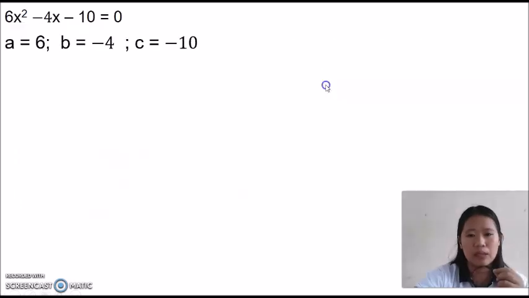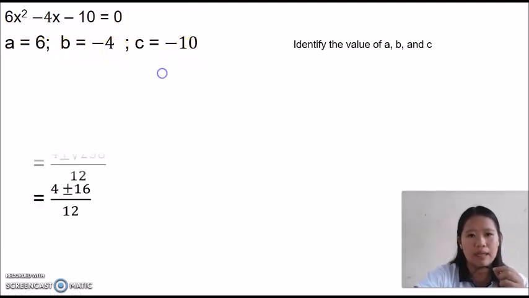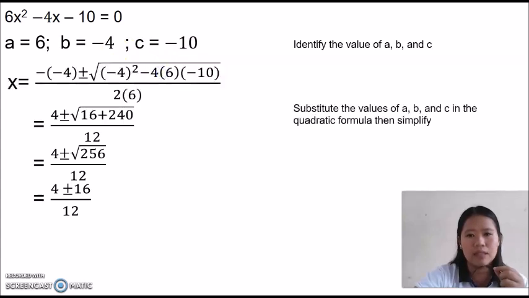So, next thing we need to do is to identify the value of a, b, and c. So, sa equation na ito, ang ating a is 6, our b is equal to negative 4, and c equals negative 10.